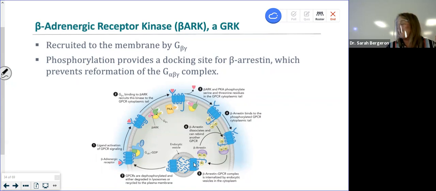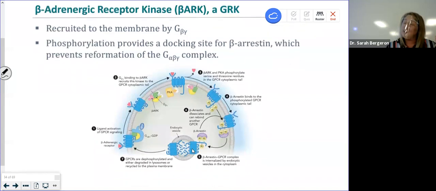It's sequestered. Sometimes it hangs out there, and sometimes it gets degraded. Sometimes you want to get rid of it completely, so the cell will degrade it, and sometimes you want to recycle it back to the membrane. If it becomes dephosphorylated, it can be recycled back to the membrane, but otherwise it's degraded. It just depends on which signaling mechanism is working.